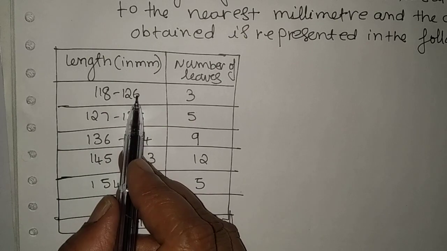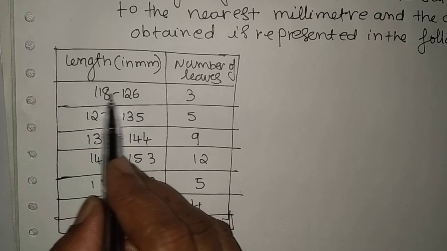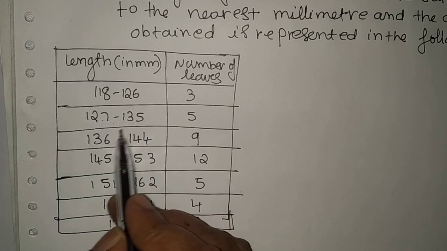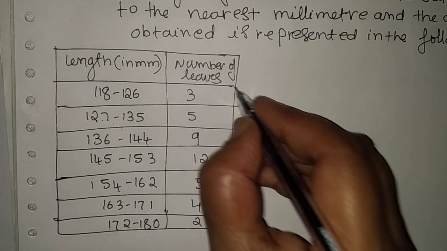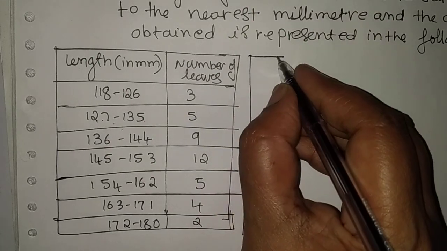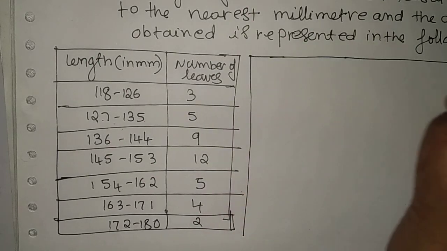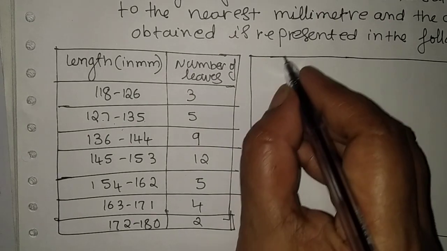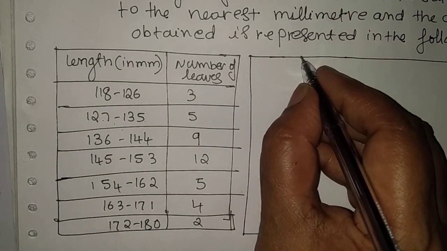Since the class interval is not continuous, see 118 to 126, then it is starting with 127 like this. So first we have to assume or make the class interval uniform or continuous. So continuous means, see how we have to just make a little change.